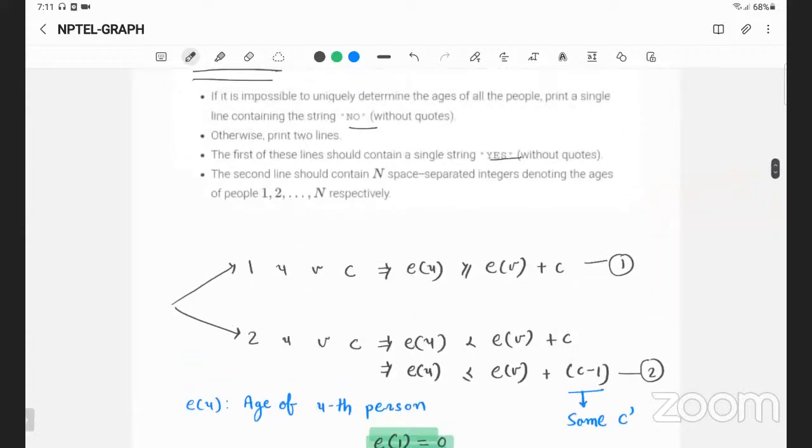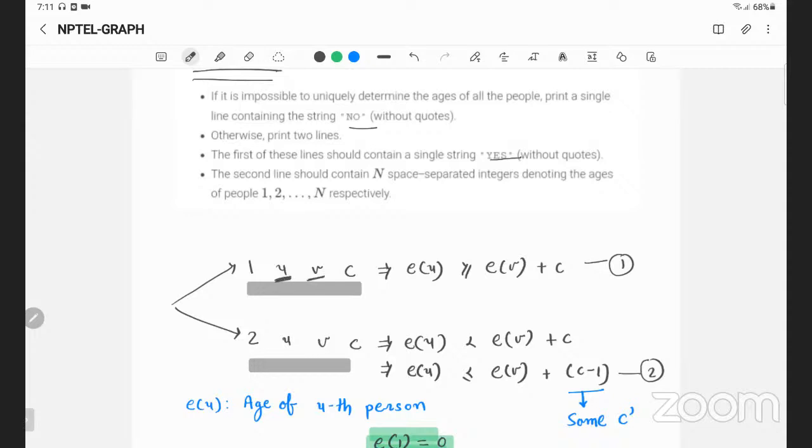As mentioned, there will be 2 types of information. One is t equals 1 and another is t equals 2. If t equals 1, it says that the person u is at least c years older than the person v.